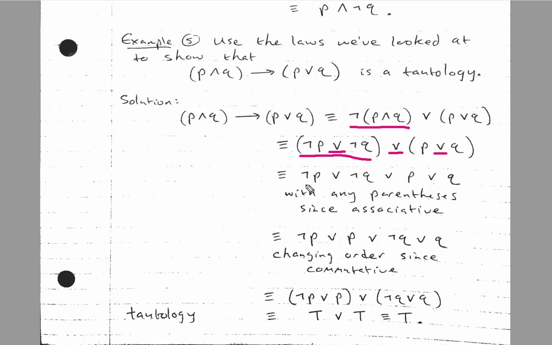Okay, so it's not P or not Q or P or Q. We also know that or is commutative, so you can switch the orders. So let's put the P's together. Okay, so not P or P, or not Q or Q, put the Q's together.